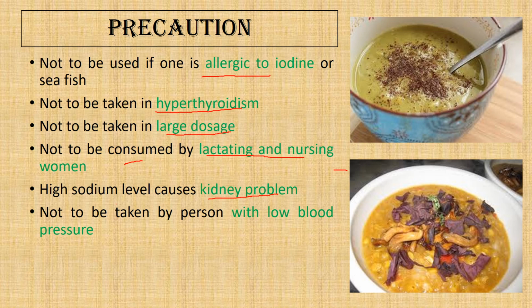Also, if you have low blood pressure, you should not be consuming it, because the PUFA, the polyunsaturated fatty acids present in all seaweed, have a hypocholesterolemic and hypoglycemic effect, which means that it lowers the cholesterol and lowers the blood pressure. So if you already have very low blood pressure, you should not be consuming it. So these are the precautionary measures.